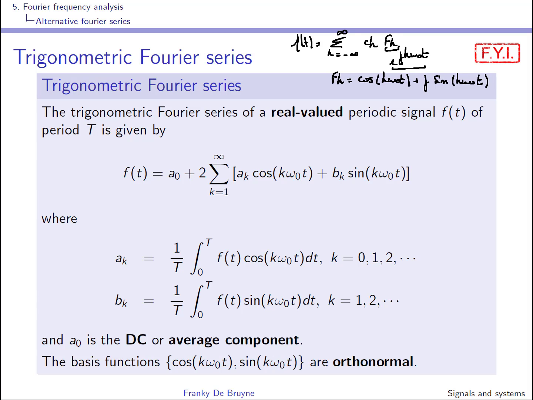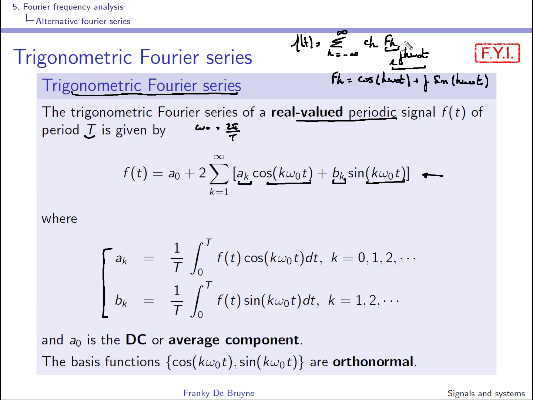So there is this alternative Fourier series, which is called the trigonometric Fourier series, and it decomposes a real valued periodic function f of t of period T. Remember that omega 0 is 2 pi over T, as follows. So it's written directly as a sum, where k here ranges from 1 to infinity of a term in cosine and a term in sine, and the coefficients that are of interest are ak and bk, and they are computed as follows.